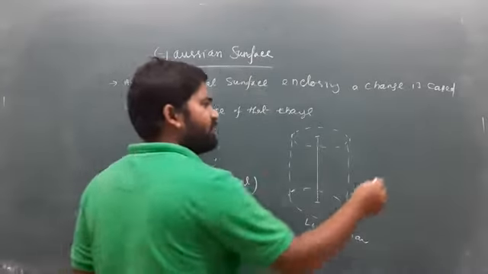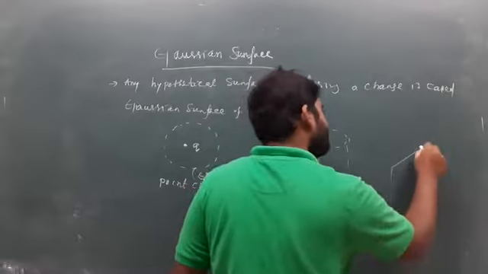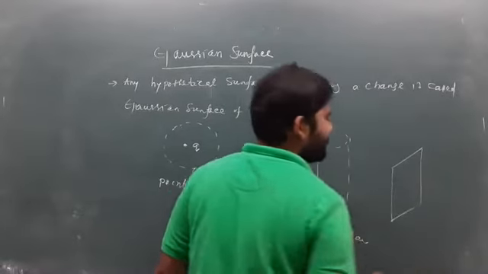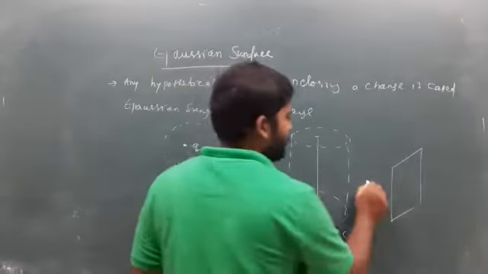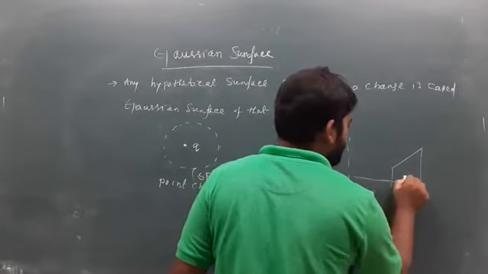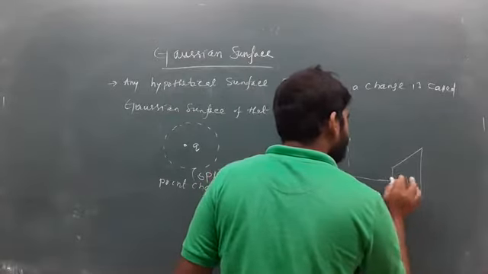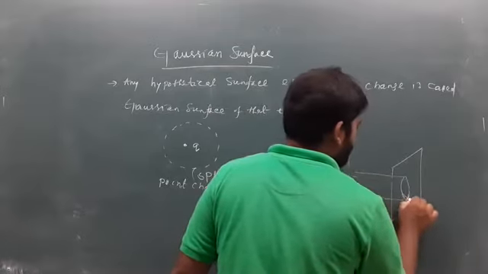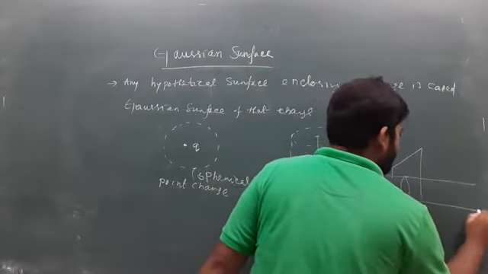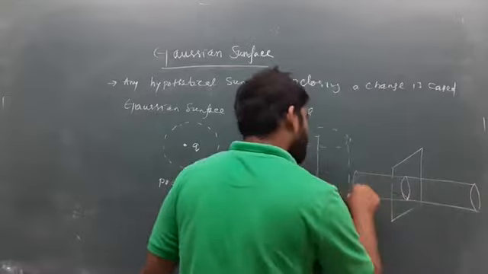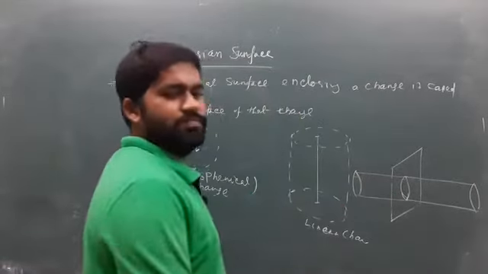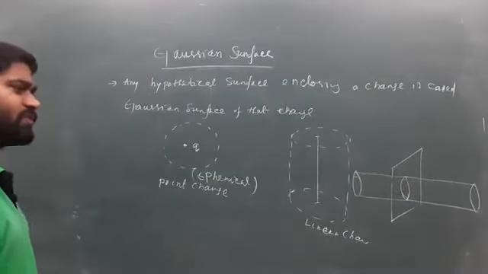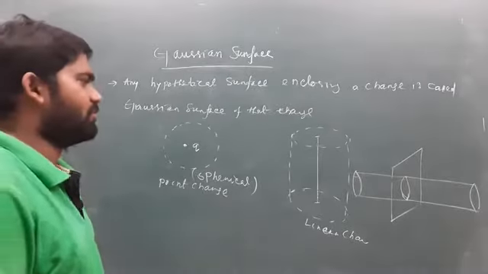If I consider a plane sheet, then the Gaussian surface we take is also cylindrical in form. So these are the different types of Gaussian surface.